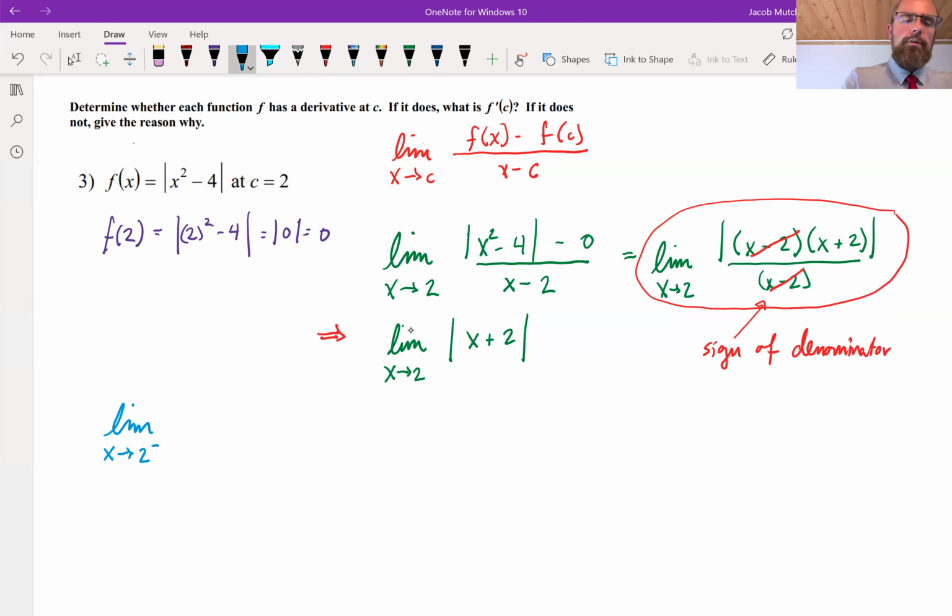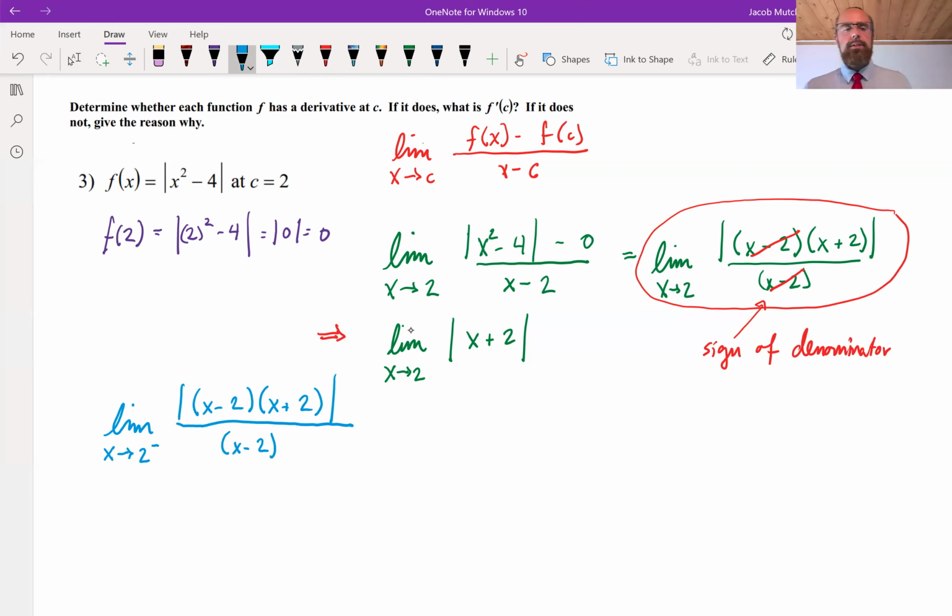And I will write that previous step. So absolute value x minus 2, x plus 2 over x minus 2. And what I want to consider is kind of an analytical approach, because I know if I plug in 2 there, I'm going to get an indeterminate form, 0 over 0.